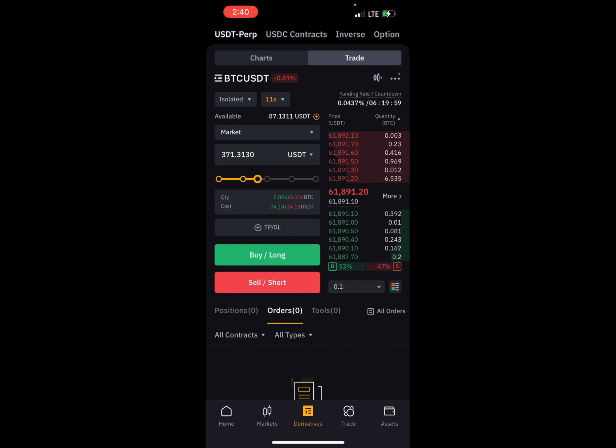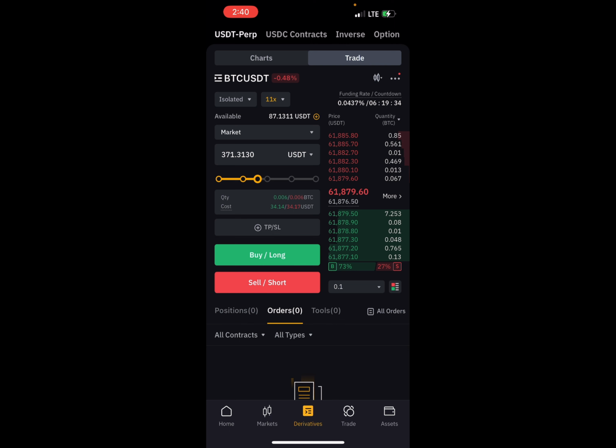So right now here I've explained about isolated, and then 11x, and then market order or limit order, and then we have quantity, and the cost of the money you're going to enter the trade with, and then we have stop loss, and then take profit.